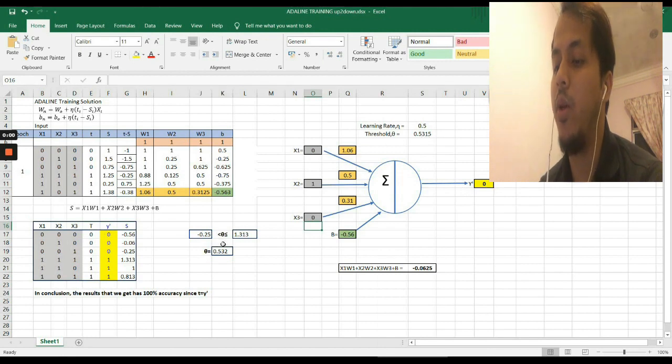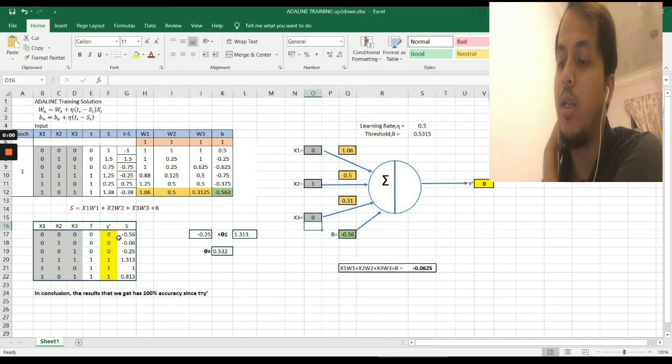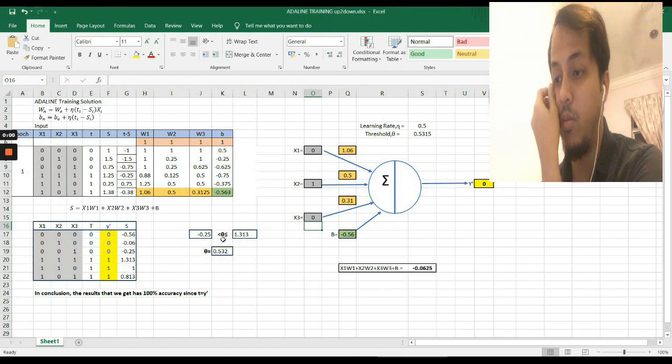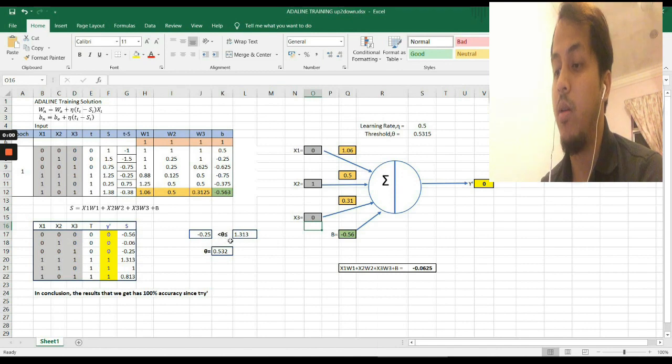To get the threshold value, we must first select one of the values from class A and one from class B. In this example, I choose negative 0.25 and 0.313 (0.532 after combining).